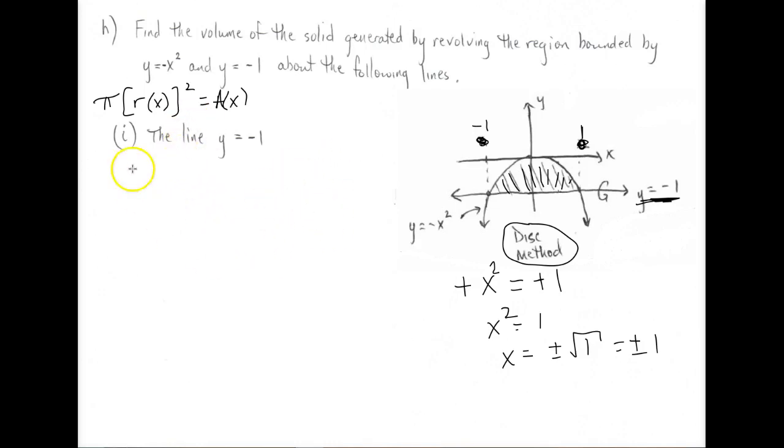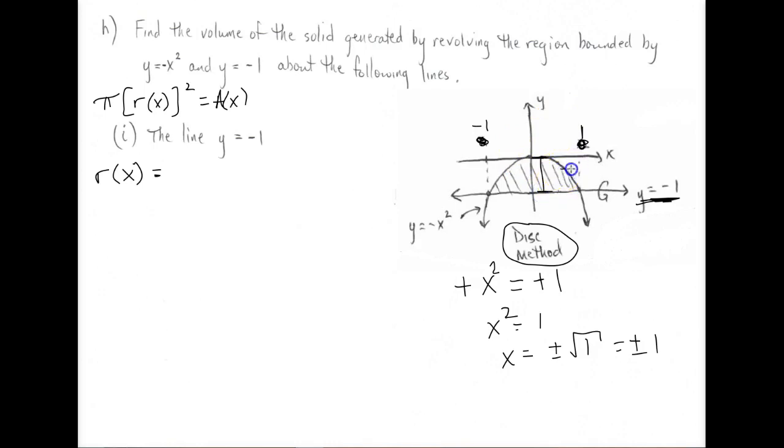So for us to be able to figure out what this radius is in terms of x, note that the radius here is actually the difference in between these two curves.